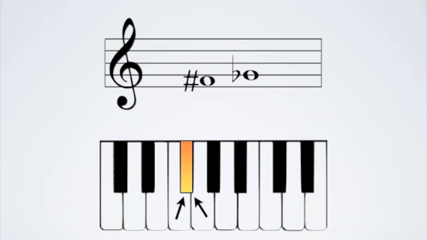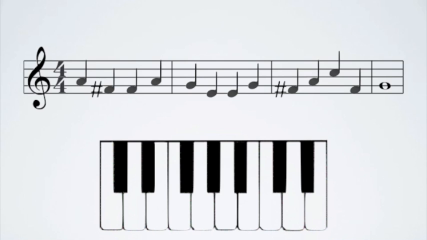And one more thing to notice, when an accidental is added to any note, that accidental applies to that note for the rest of that measure. For example, in this melody, we don't need to place a sharp in front of this F, because the F sharp on the previous note applies for the entire measure.